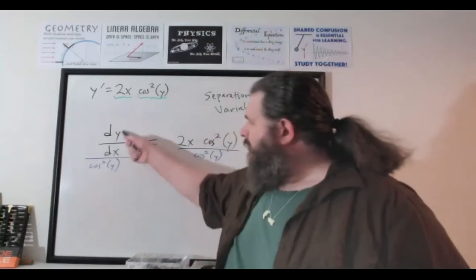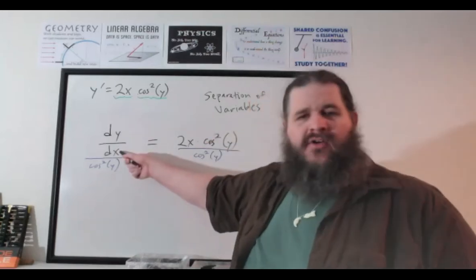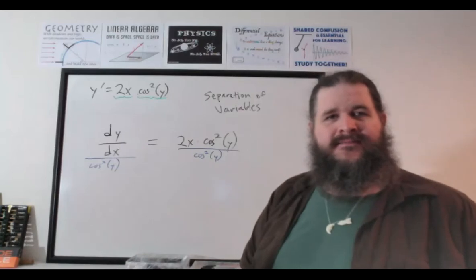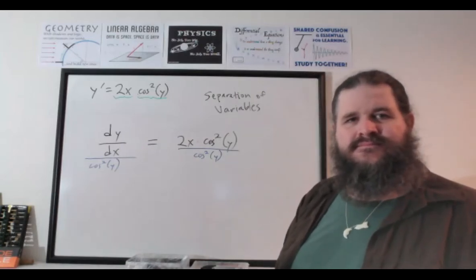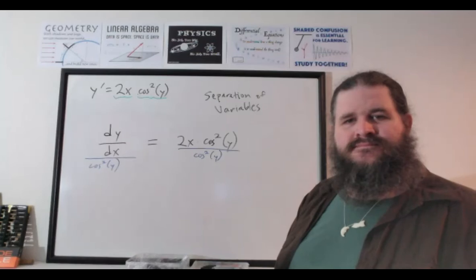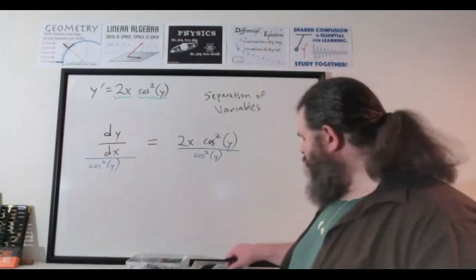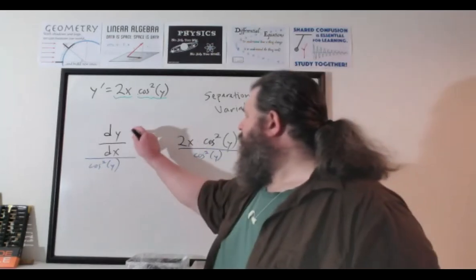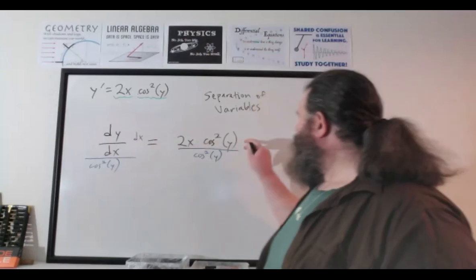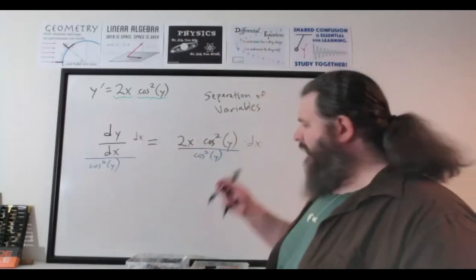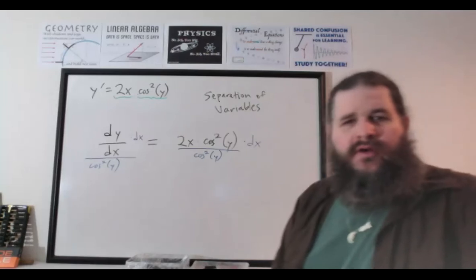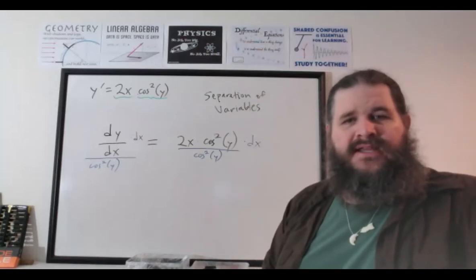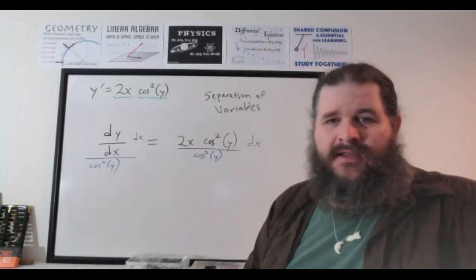We still have a mixture of y's and x's over here, but how could we get rid of this dx here? Yeah, so we multiply both sides by dx. And formally, we're not really multiplying by dx because dx isn't a number. But this is essentially a shortcut for a longer method using the chain rule that still works out to the same thing.